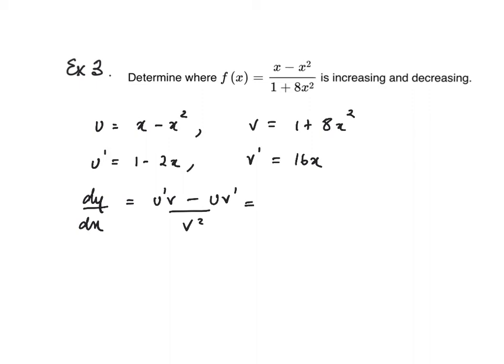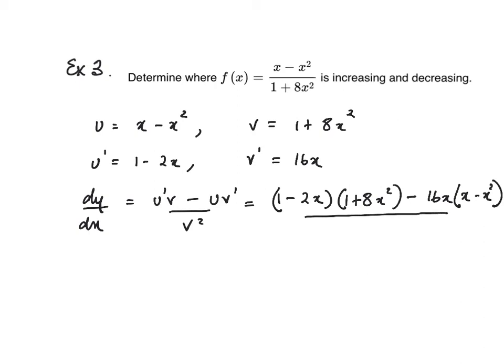So 1 minus 2x times 1 plus 8x squared minus 16x times x minus x squared all over v squared.